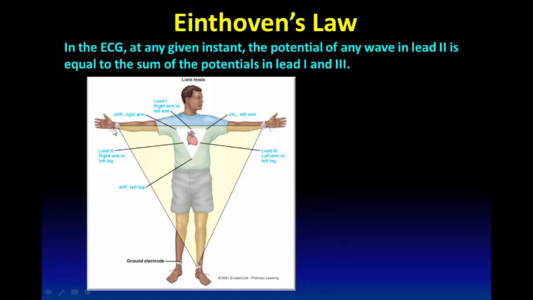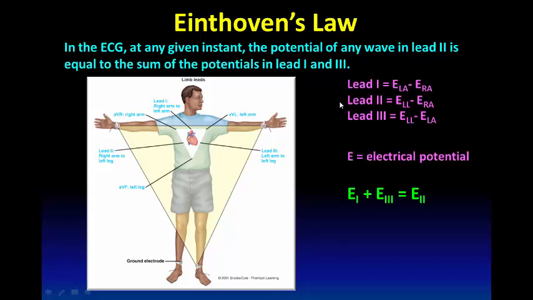Because the vector again of lead 2 is equal to the sum of the vectors of lead 1 and lead 3. And this relationship was first described by Einthoven, and we have a law in the ECG known as Einthoven's law.